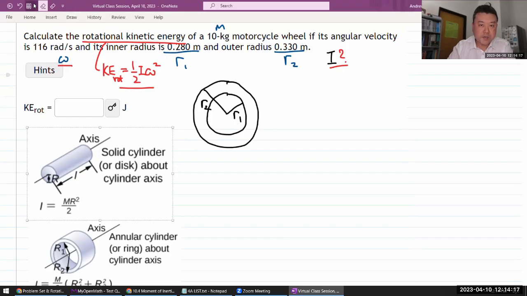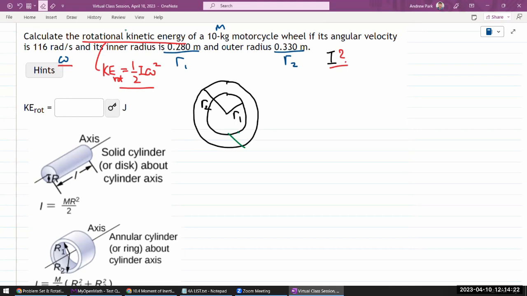So you are looking at this object, a donut or annulus or whatever. It's a combination of two circles basically. There's an outer circle, there's an inner circle, and the inner circle is the hole.